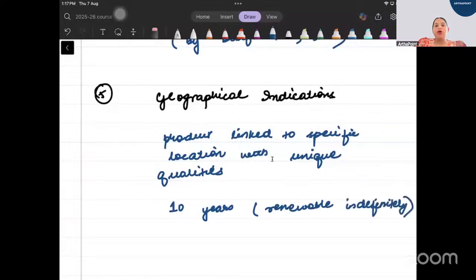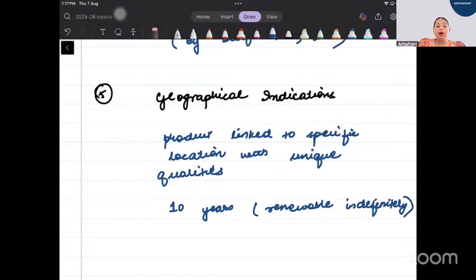Right. To give you an example of geographical indications, an example can be Darjeeling tea. It belongs to Darjeeling, है ना? So it is given by the Registration and Protection Act 1999, right? Like Kanchipuram silk, like Nagpur orange, right?